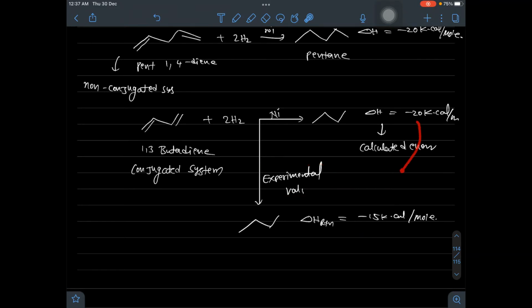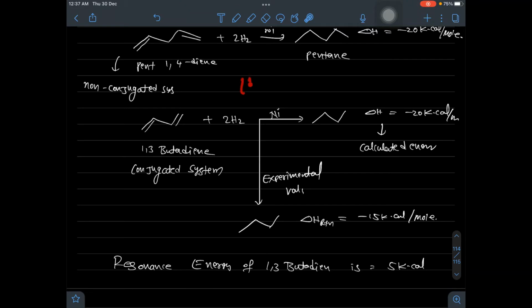What is the difference between the calculated and experimental values? It is 5 kilocalories. So the resonance energy of 1,3-butadiene is 5 kilocalories, because it gets stability by conjugation, that is resonance. Due to resonance stability, the heat of hydrogenation decreases.